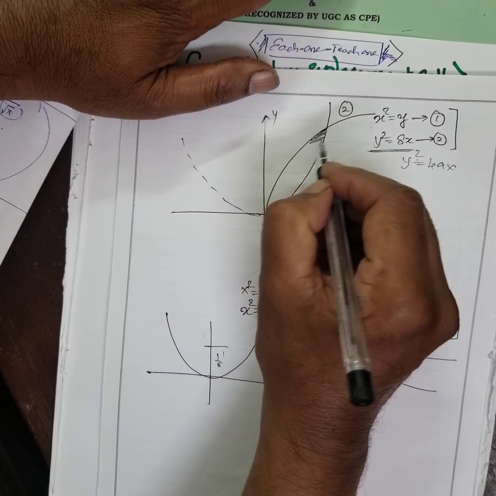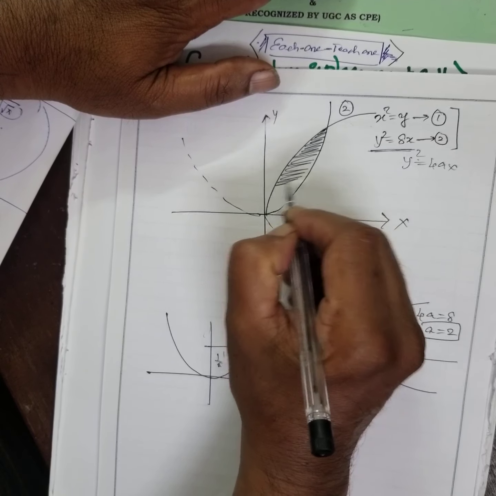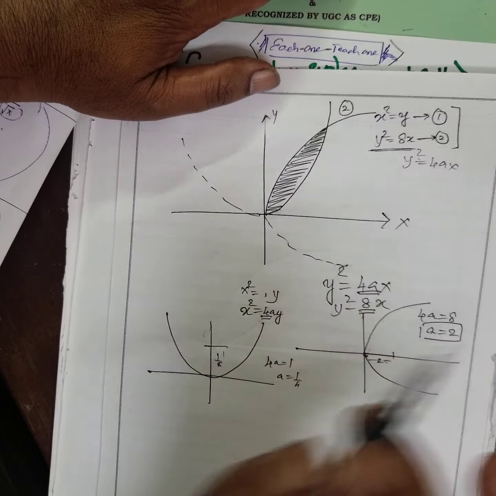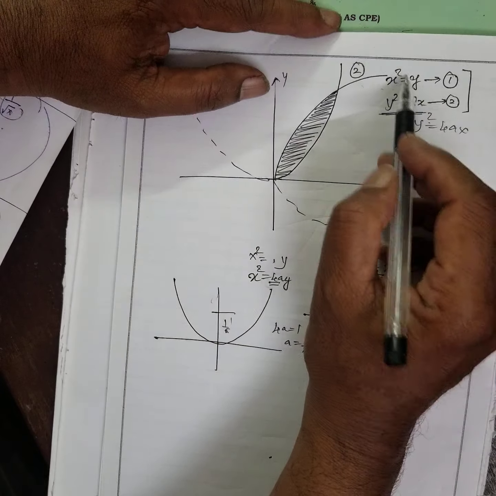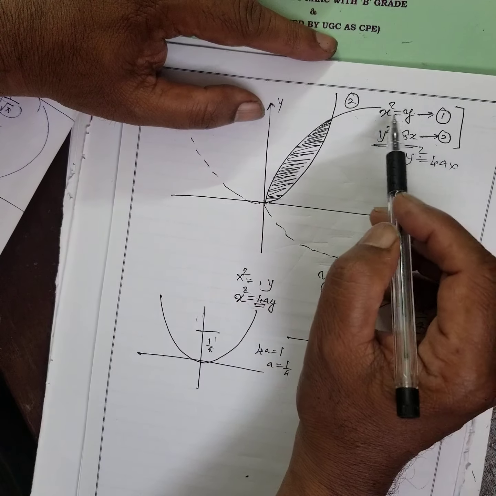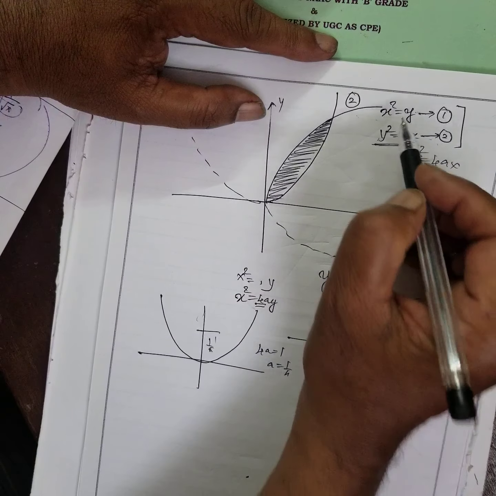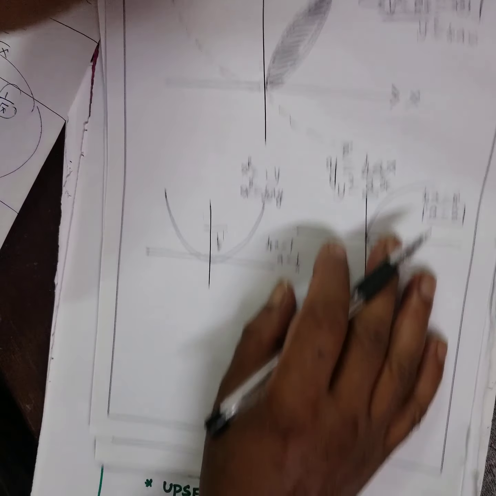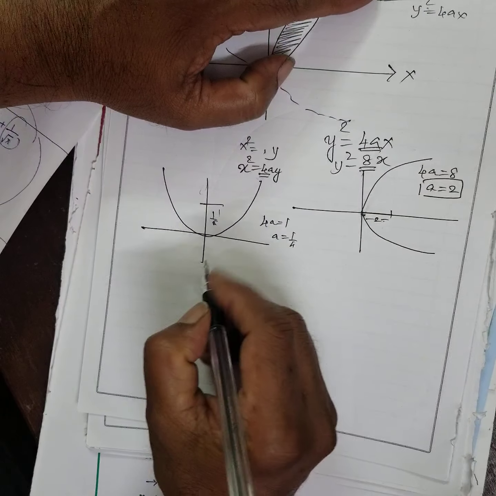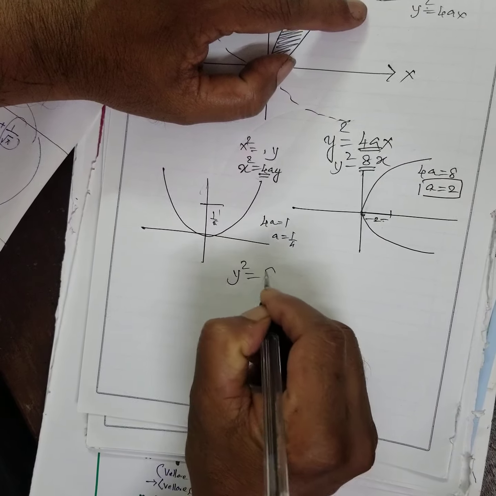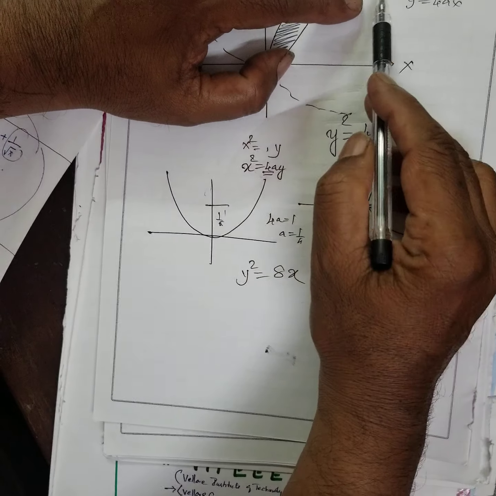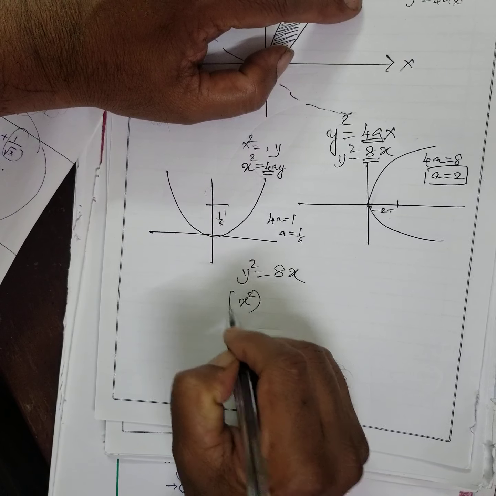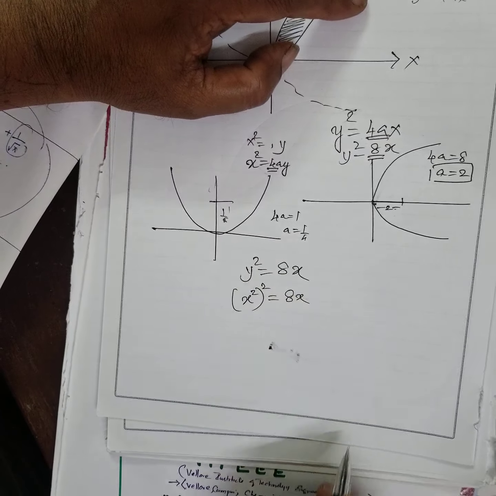You are required to find the area between the two curves. Now, both are passing through the origin. Now I am going to solve this. x square equal to y, y square is equal to 8x. You put this y here. y square is equal to 8x, but where y is equal to x square, x square whole square is equal to 8x.